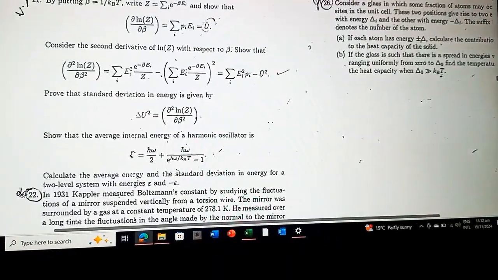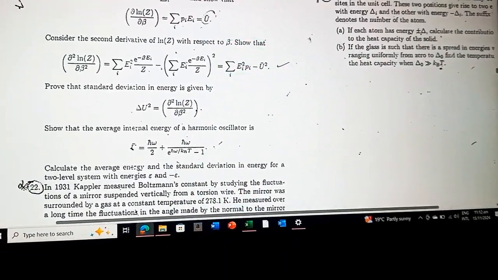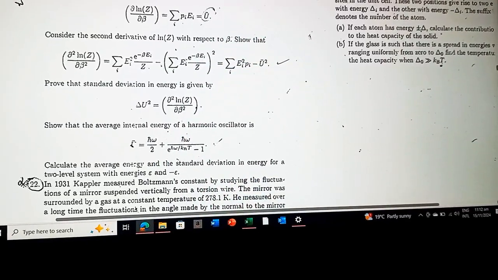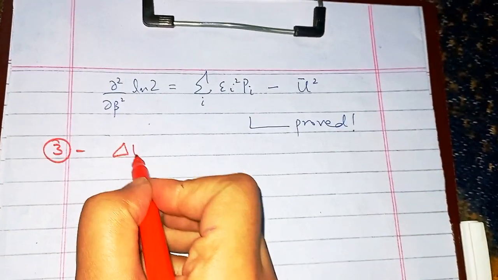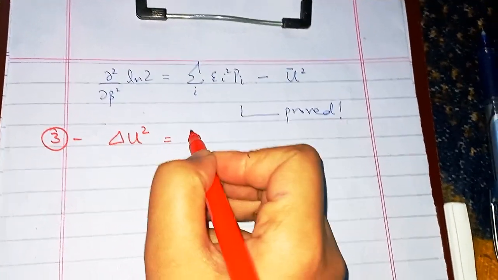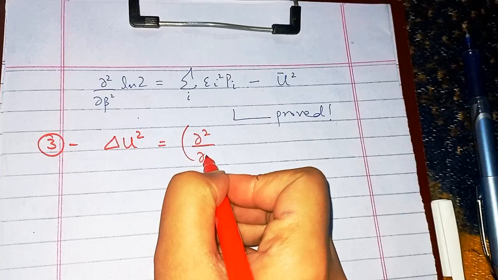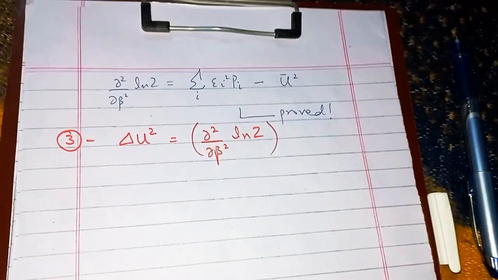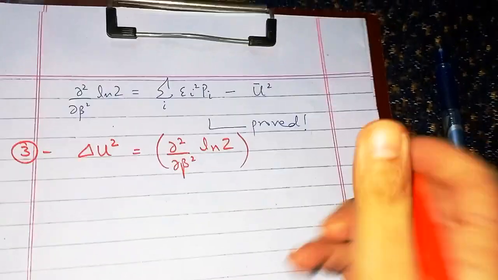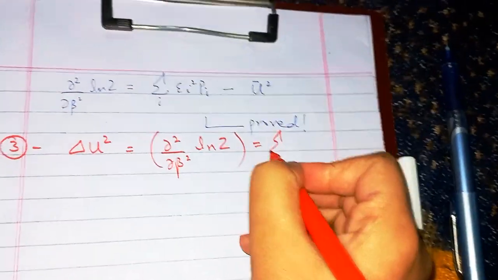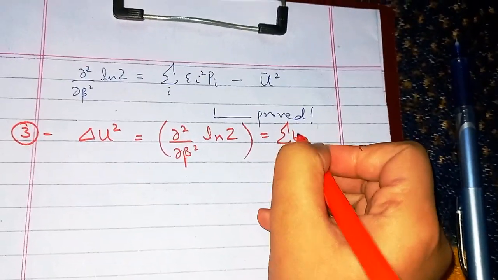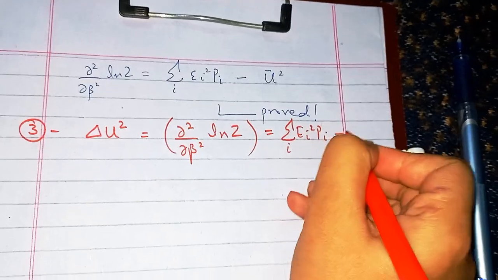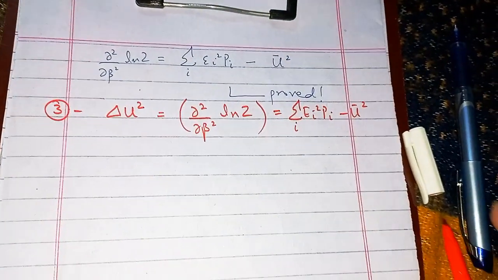That's really simple. Let's do that. We need to calculate the formula for the standard deviation in energy. Let me write it here. Delta u square equals, this is the relation that we need to prove, which is actually equal to ei square pi minus u bar square.